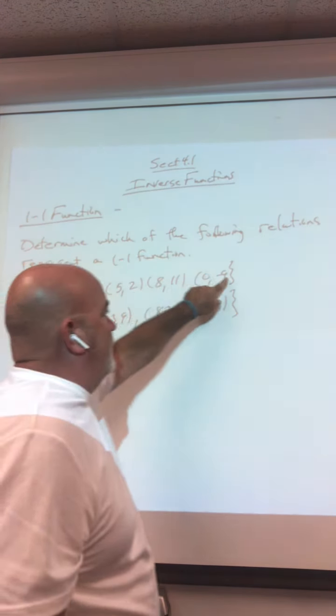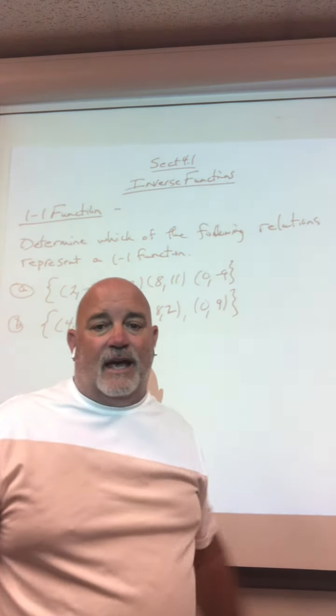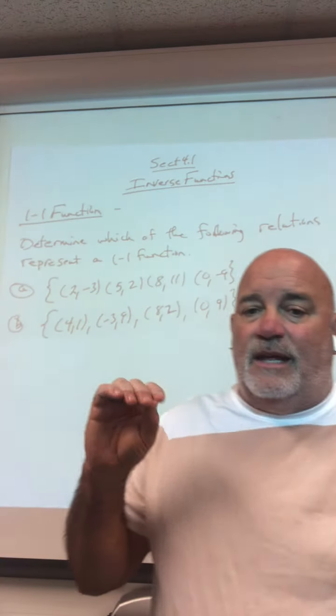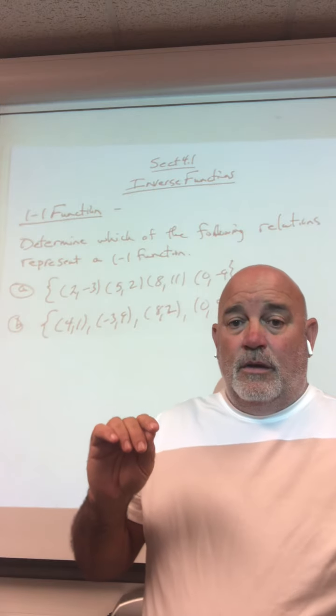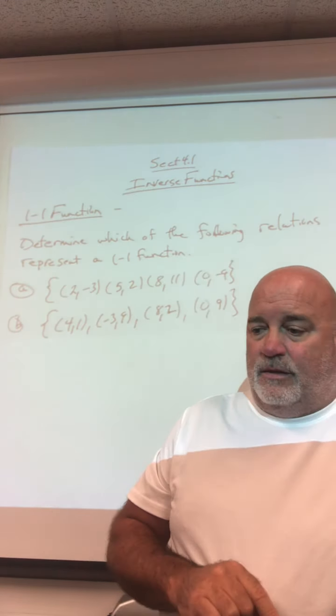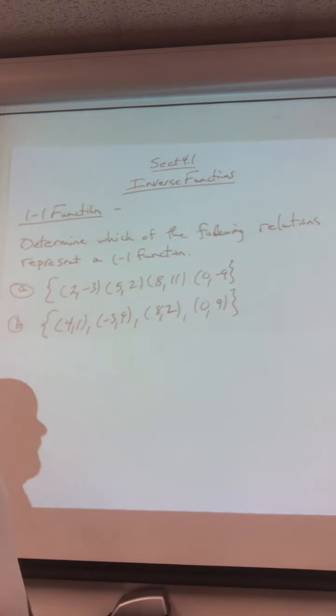None of the y's repeat. So A, right out beside here, write, yes, it's a one-to-one function. And when you write it, say this, yes, it's a one-to-one function because the x's nor the y's repeat. So write that reasoning out so you'll remember why you said yes.